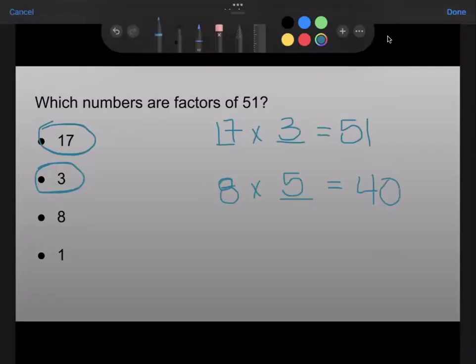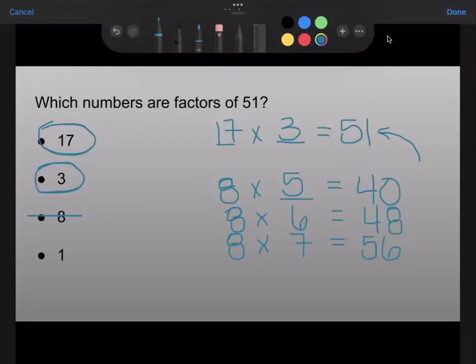Knowing that we're trying to get 51, 8 times 6 is 48. Okay, we're getting closer to 51. And then 8 times 7 is 56. Oh no, we've blown past 51. So that means 8 does not work because in that list of multiplication factors, 51 was not anywhere in there.